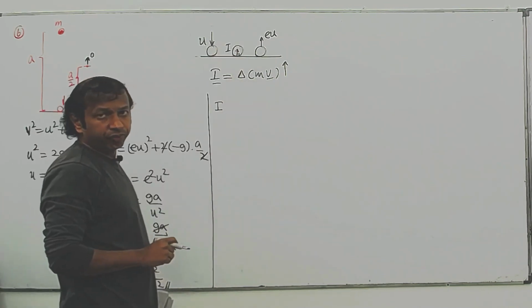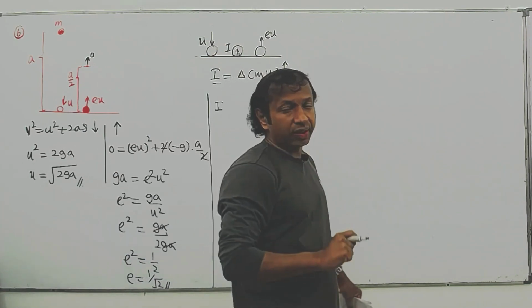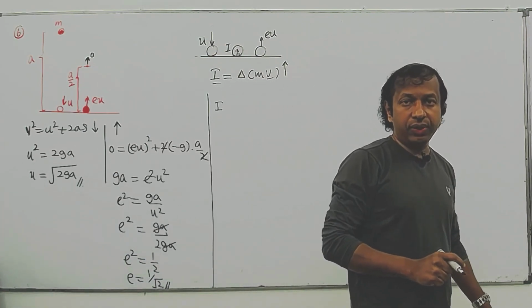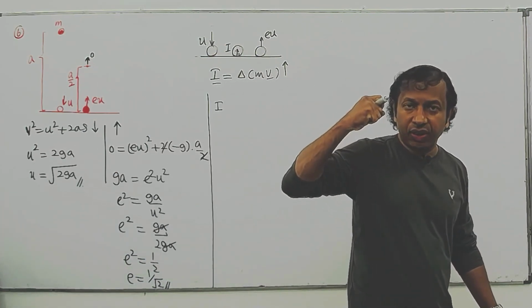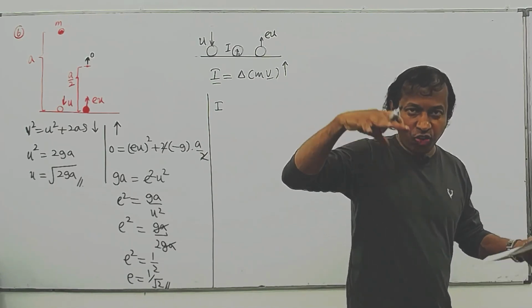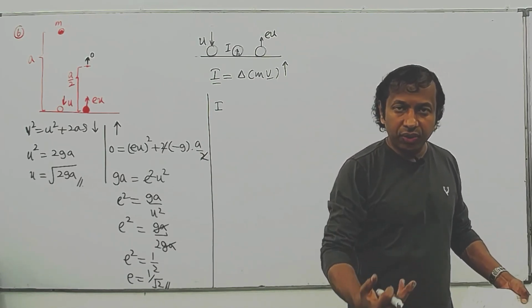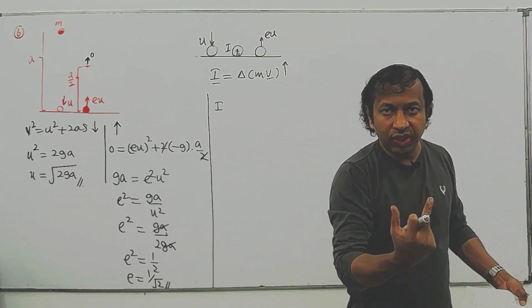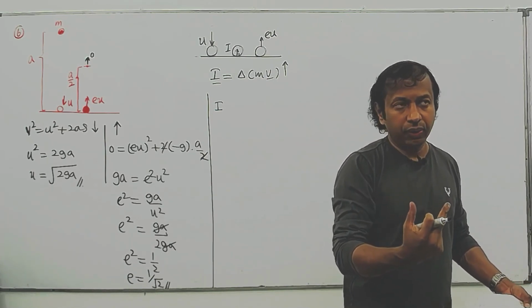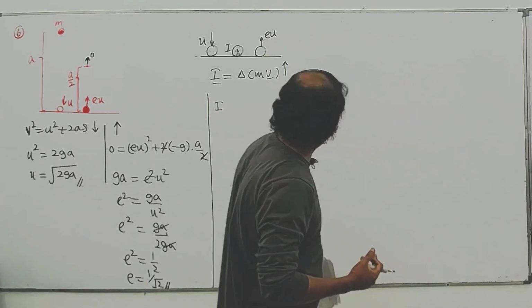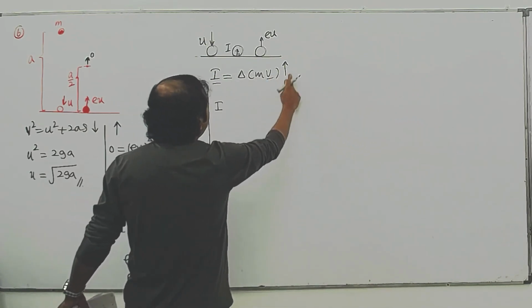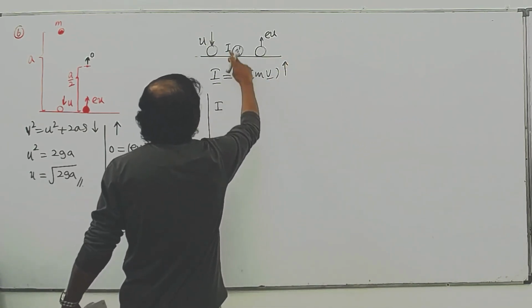The object was falling down, and the impulsive force acts opposite to the direction of motion, upwards. Since we apply the equation in this direction, I is also in that direction.